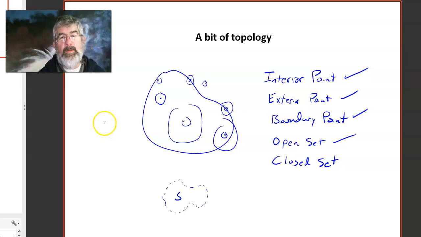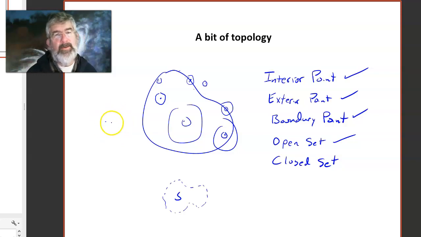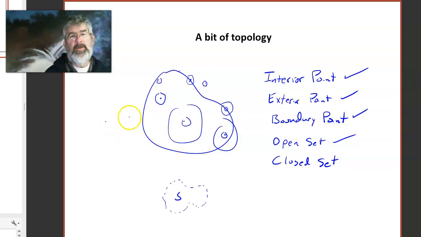It contains only one point. And that one point, well, if it's in the set and you draw a disk around it, you'd have that point and you'd have points outside, and so that wouldn't be interior. Anyway, to say you have an interior point is to say that there's an open disk around it that's contained completely in the set.